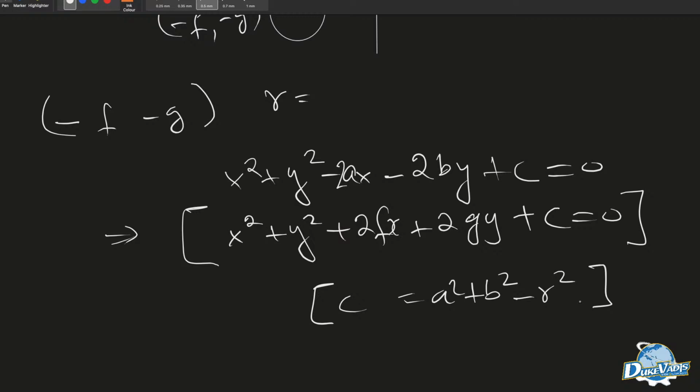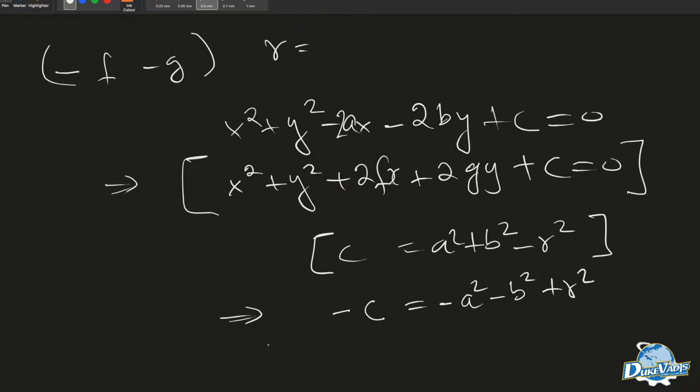So for instance, if we want to find R, when we multiply through, we're going to get minus C, minus A squared, minus B squared, plus R squared, and therefore our R squared will be equals to what?